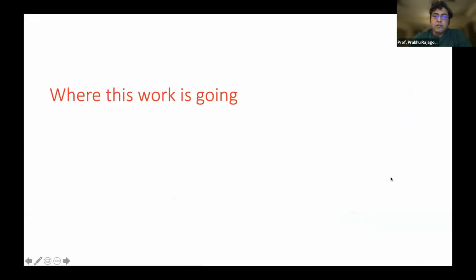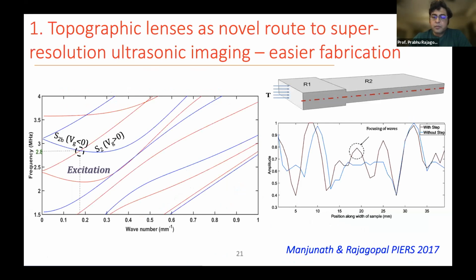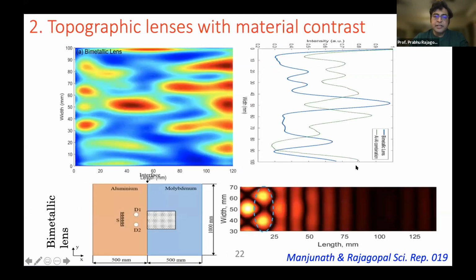Going forward, this work has taken on many dimensions, lots of exciting strands and threads, which I am going to cover very rapidly. We've been looking at other ways of achieving very similar physics. One possible way is to use topographical lenses, or lenses that are achieved using geometrical contrasts, or also material contrasts equally well.